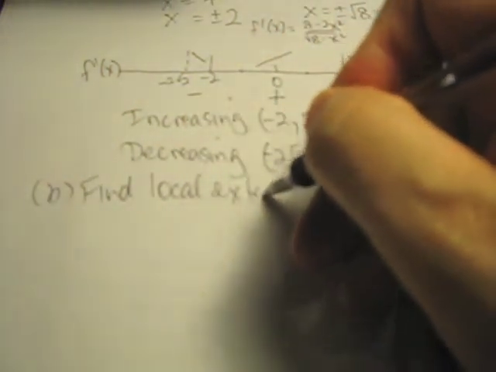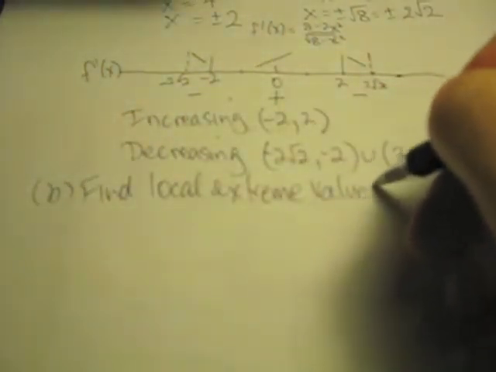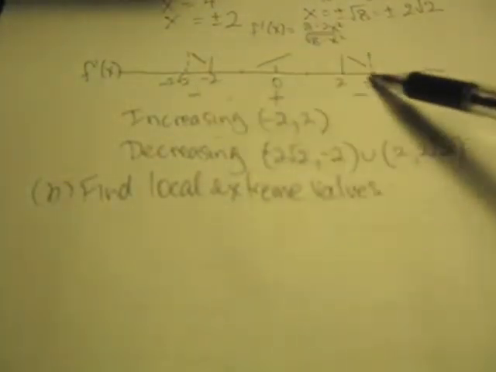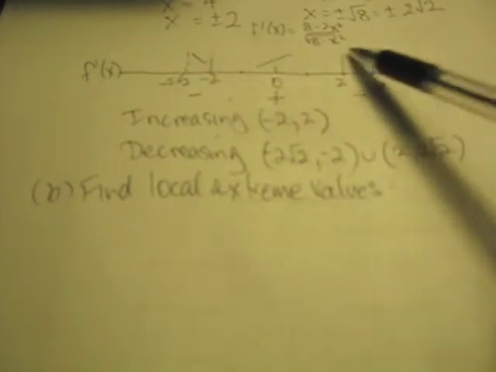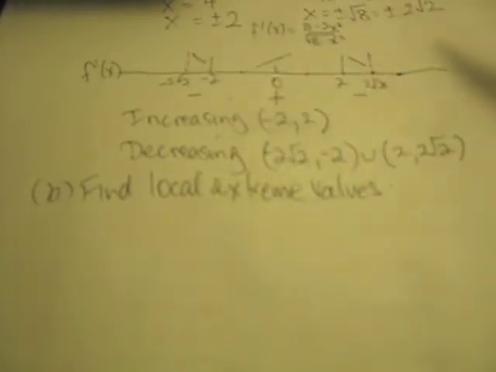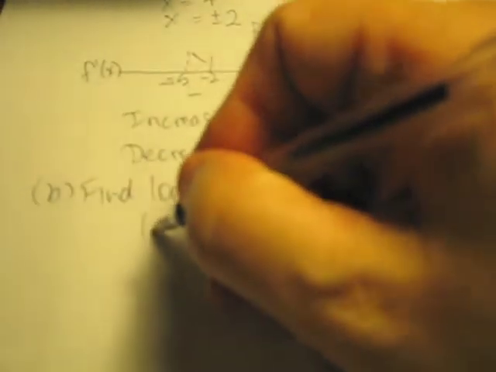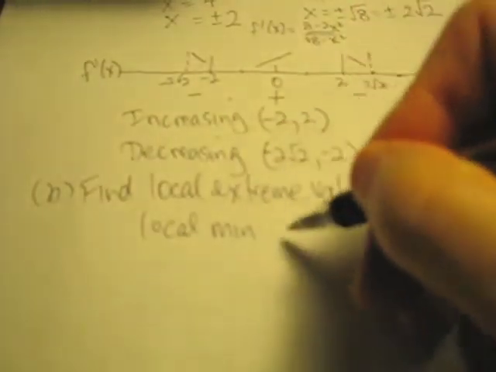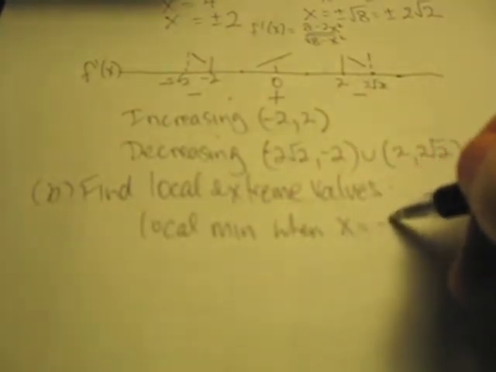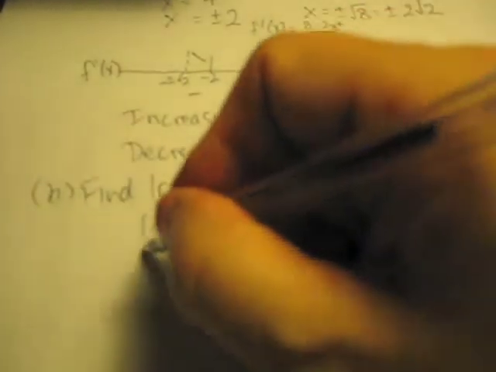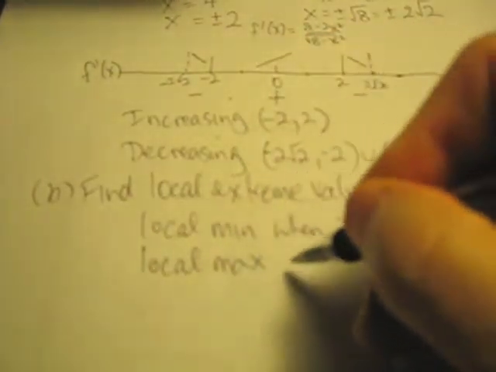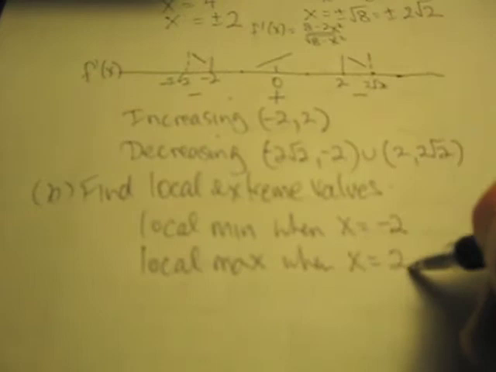Now part B has to do with identifying local extreme values. So part B, find local extreme values. If you look at the picture that we have here, I've written the slopes like this because this tells me exactly where I have local extreme values. In fact, I have a local minimum when x equals negative 2, and a local maximum when x equals 2.